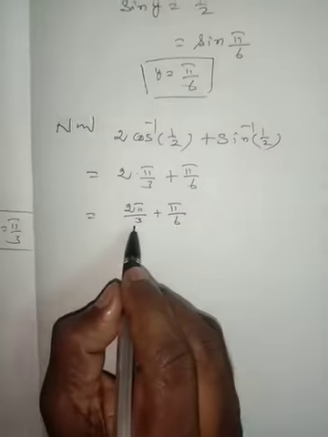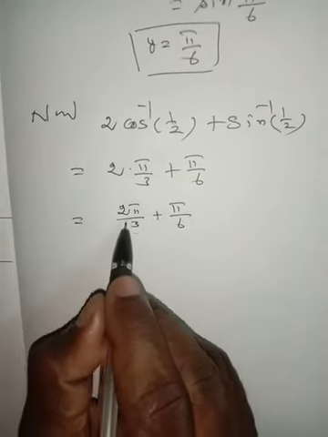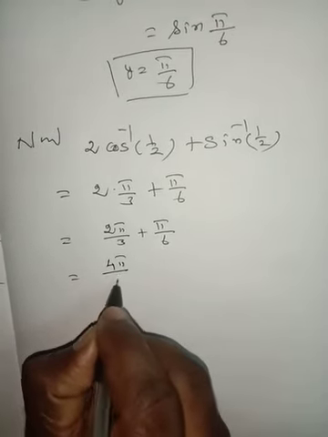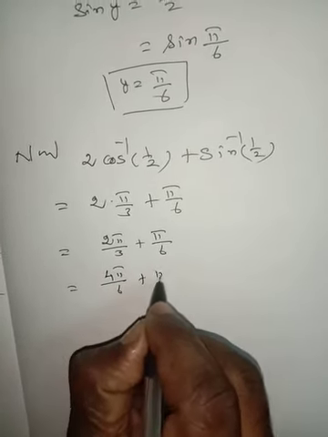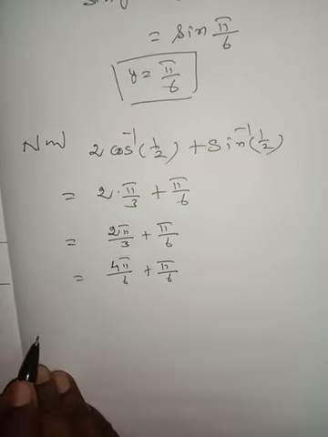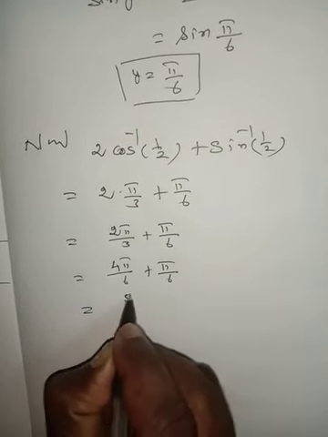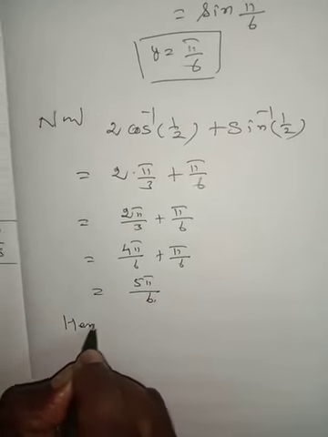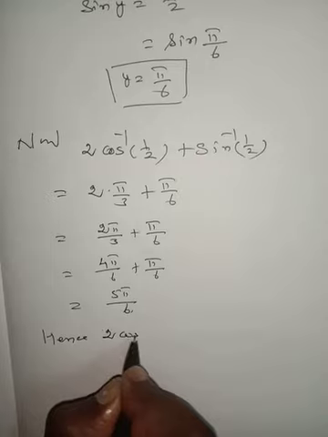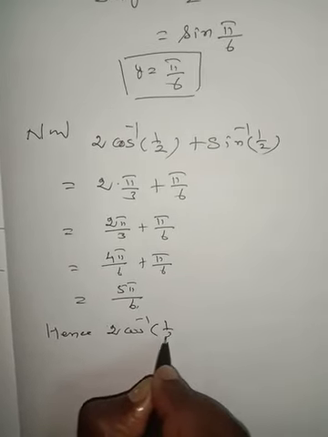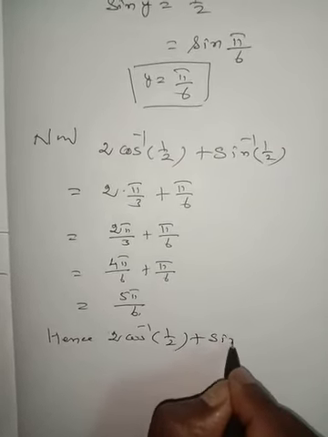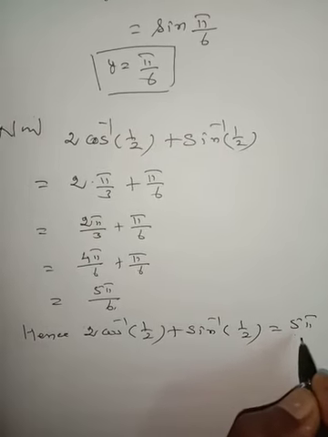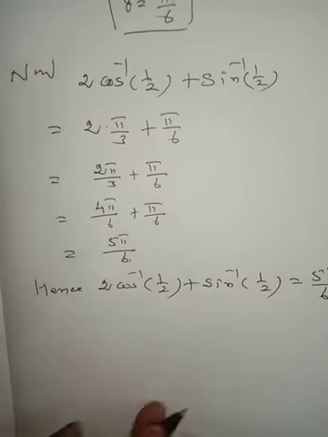Taking LCM, multiply numerator and denominator of the first part by 2, we get 4 pi divided by 6 plus pi by 6. Totally 5 pi divided by 6. Hence 2 into cos inverse of 1 by 2 plus sine inverse of 1 by 2 is equal to 5 pi by 6.